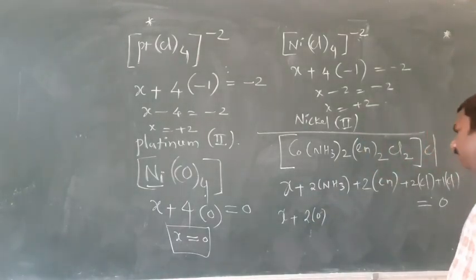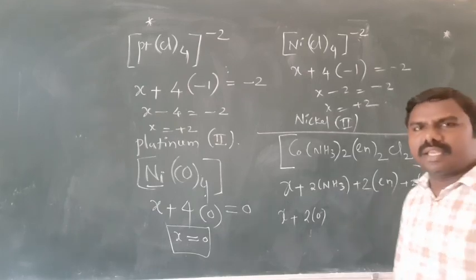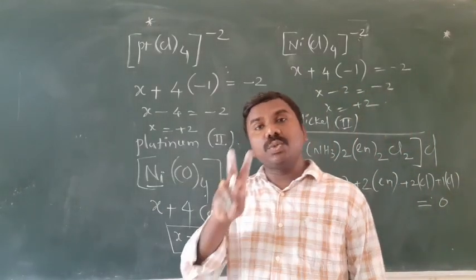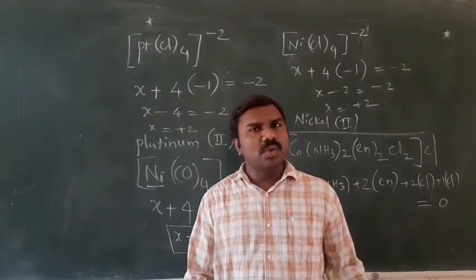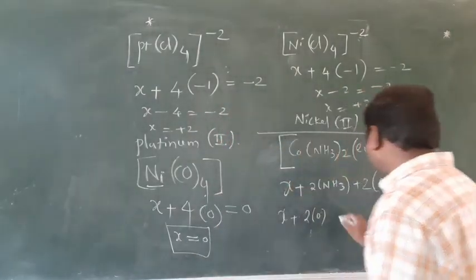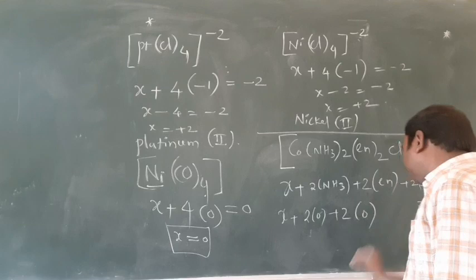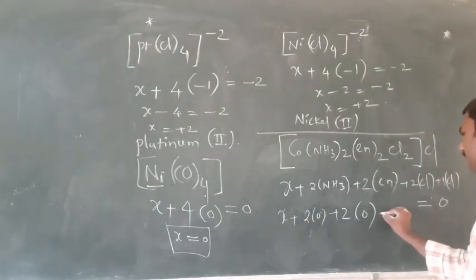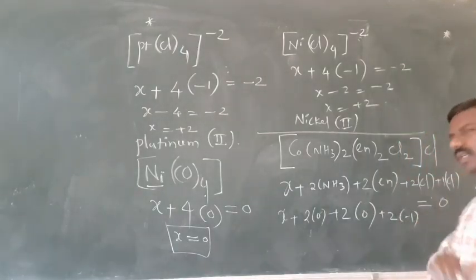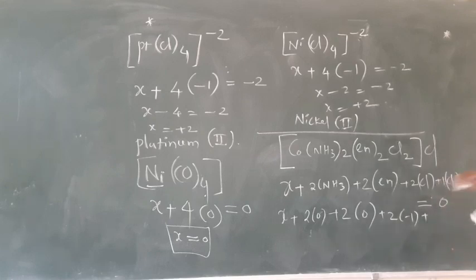Ethylene diamine is a molecule which contains 2 NH2 groups, no charge, that's why neutral. That's why 2 into 0. 2 Cls, 2 into -1. One more Cl outside, 1 into -1.